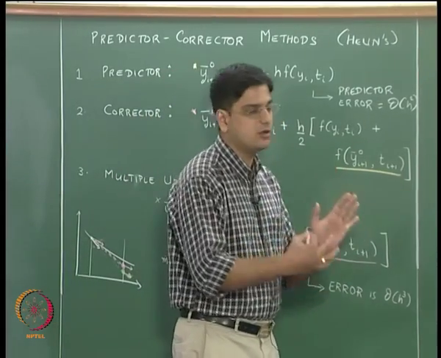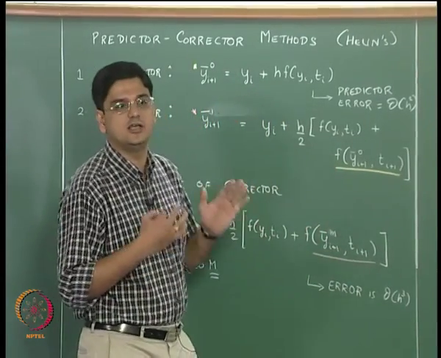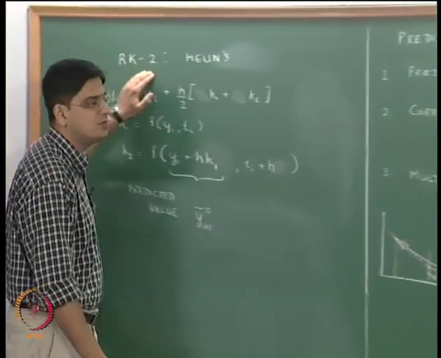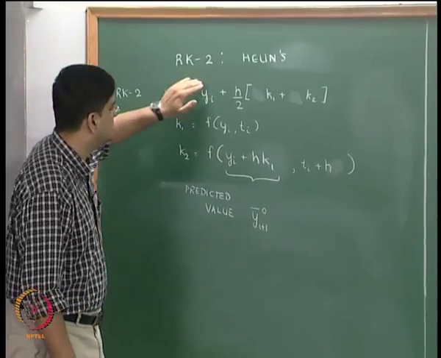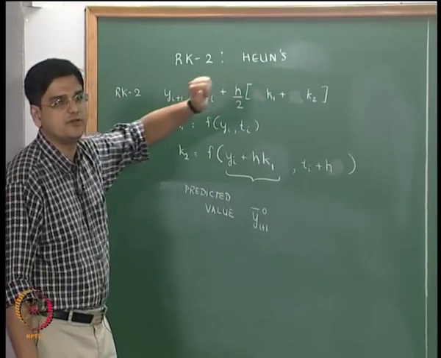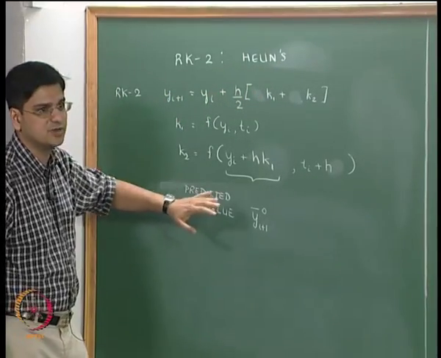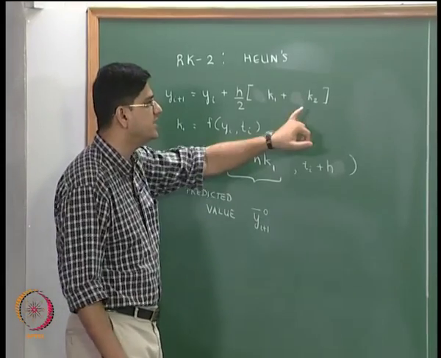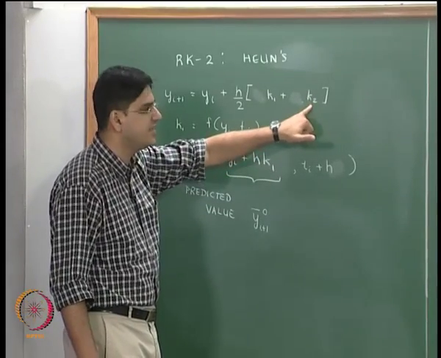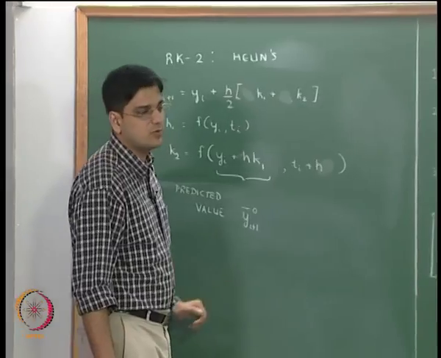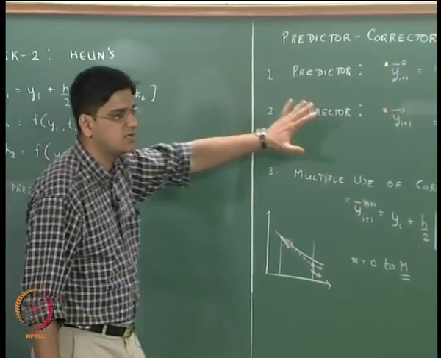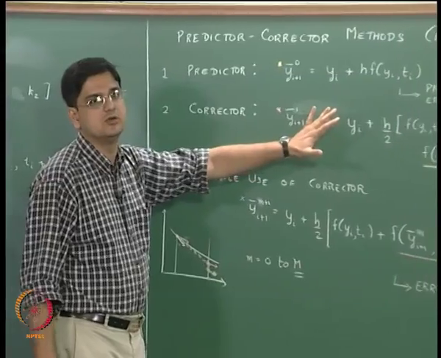So to recollect what we have done in the last half an hour, we started with RK2 method, specifically the Heun's variant of the RK2 method. From the RK2 method we said that by repeatedly calculating this K2, we are going to convert that RK2 method into a predictor-corrector Heun's method.